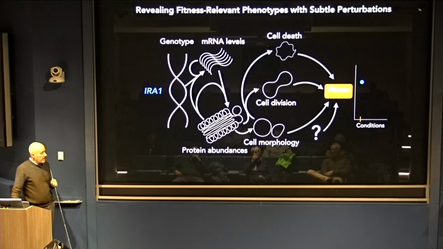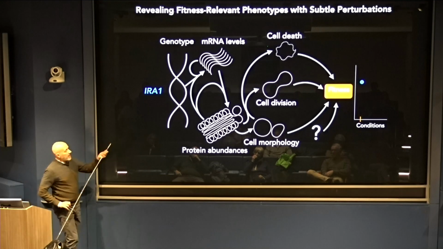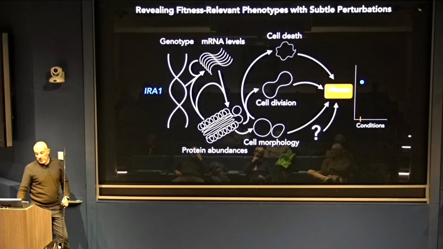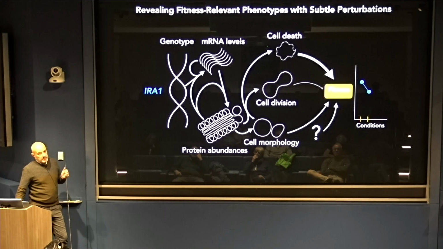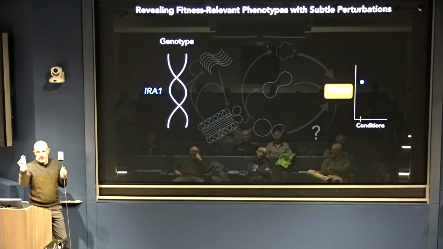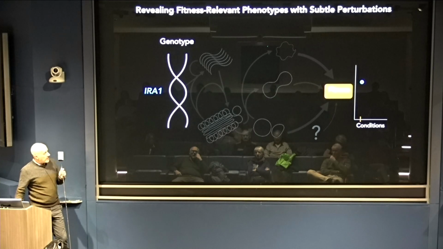We're not learning anything about the actual parts in between genotype and fitness. We're just measuring fitness, but in a bunch of different conditions that are close by. I'm going to jiggle my environment and measure fitness really well. And so I'm learning how fitness changes as environments change.